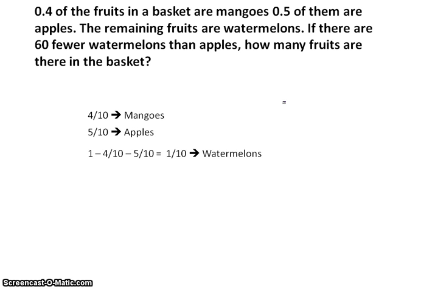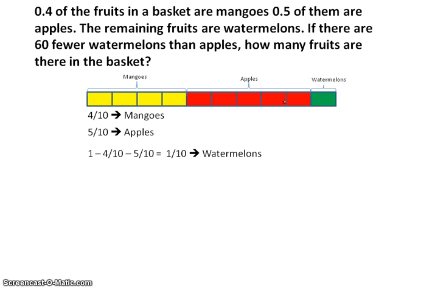So we know that there are 60 fewer watermelons than apples. Let's look at the diagram here. We have 4 units for mangoes, 5 units for apples, and 1 unit for watermelons. So 5 over 10 minus 1 over 10 gives us 4 over 10, and 4 over 10 represents 60.